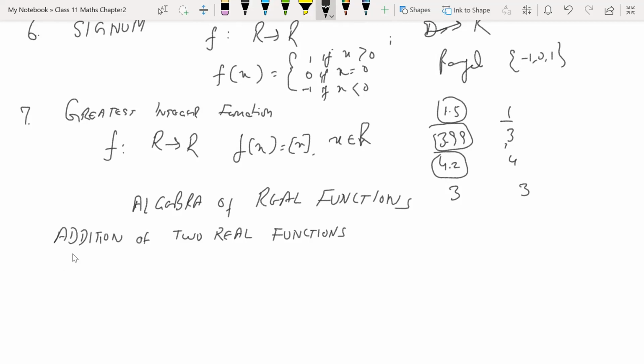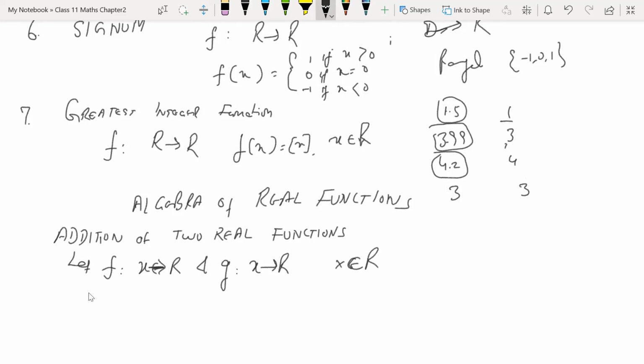Let f: X to R and g: X to R be two real functions, where X is a subset of real numbers.